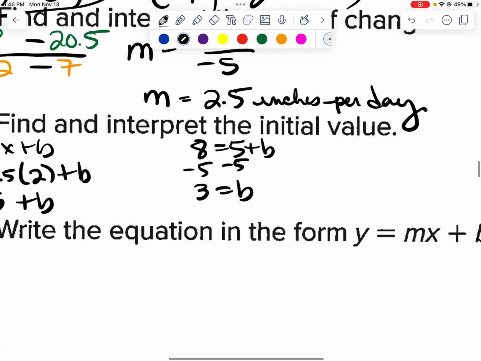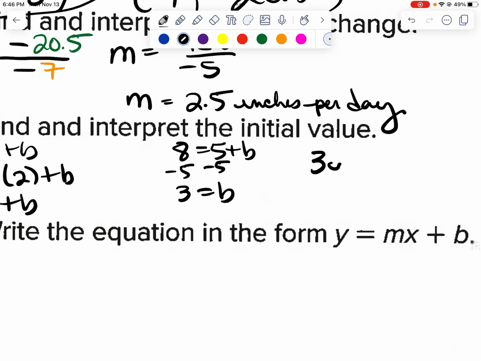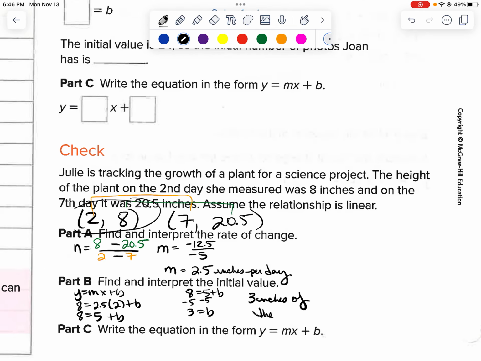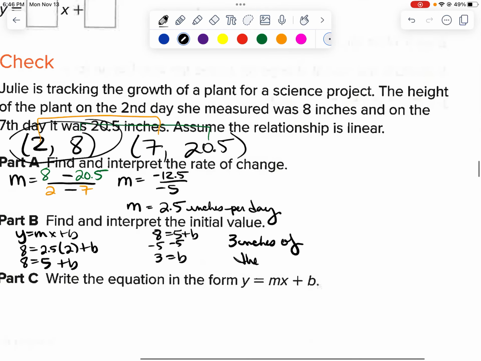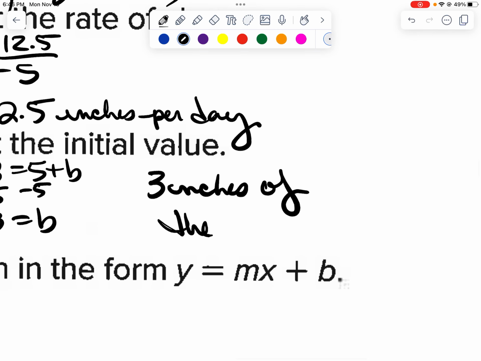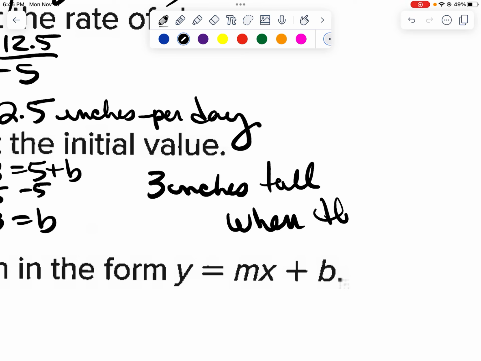So 3 inches tall when the project started.